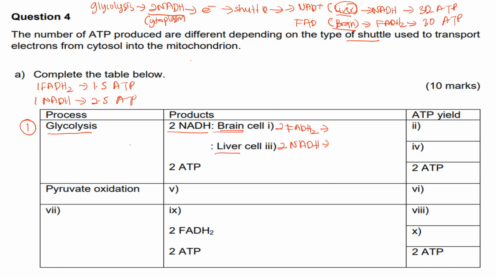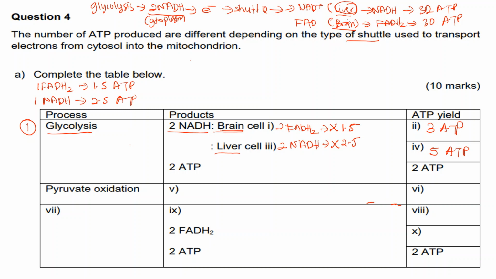So you multiply the 2 FADH2 by 1.5, which yields 3 molecules of ATP. For liver, the 2 NADH you multiply by 2.5, which gives you 5 molecules of ATP.